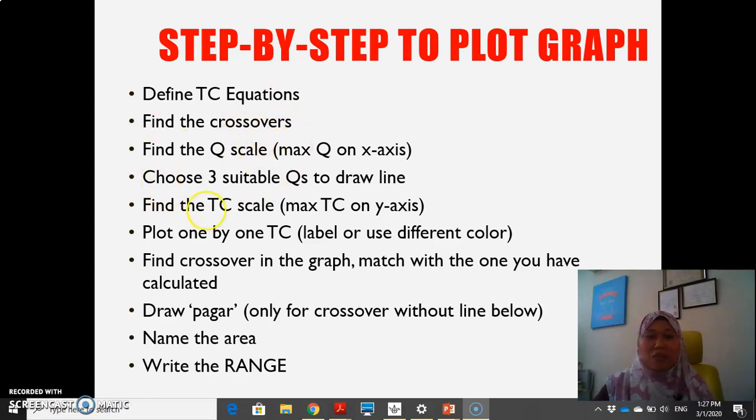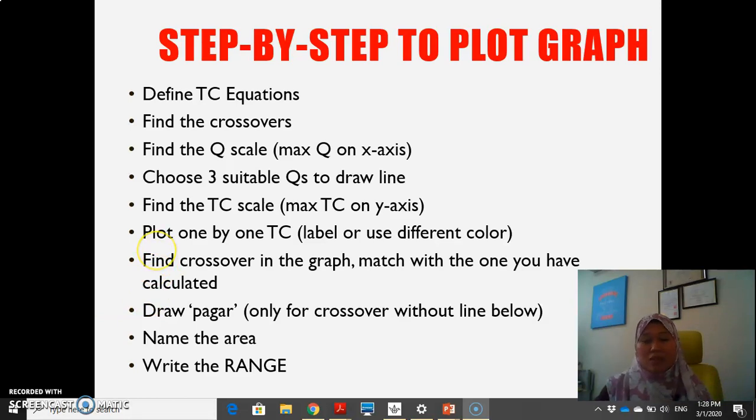Then we need to find the Q scale on the x-axis and the TC scale on the y-axis, and then plot, matching the crossover number that we found with the crossover on the graph. Then we identify the area, which is the location, on the graph.